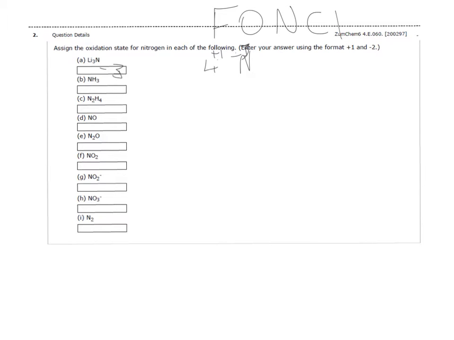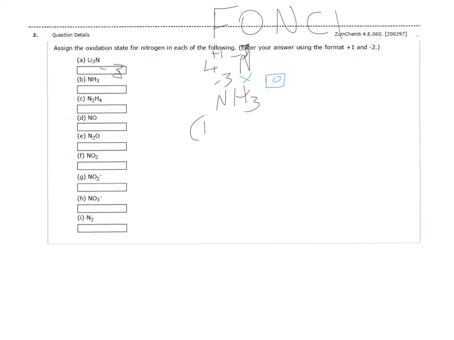So nitrogen would take its normal charge based on position in the periodic table, which is the -3 charge, because it's in that column, and hydrogen would take whatever charge is needed to make it add up to the overall charge of the compound, which in this case, since nothing is written to the upper right of the chemical symbols, is a 0. So we'll do a little bit of math.